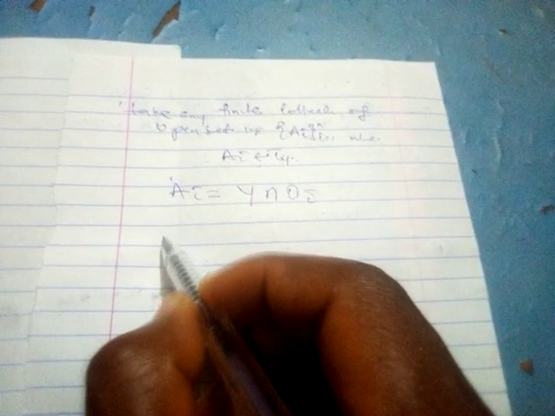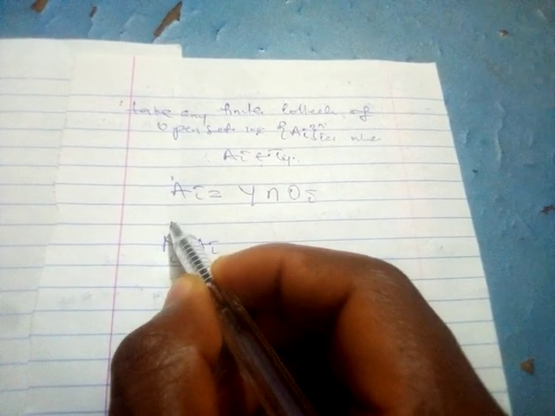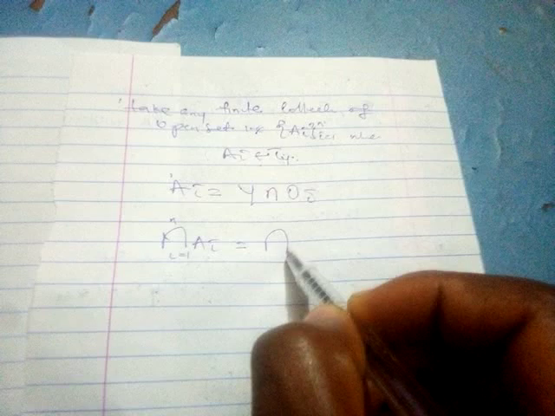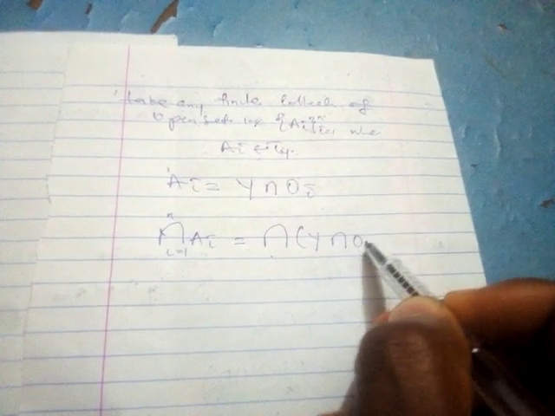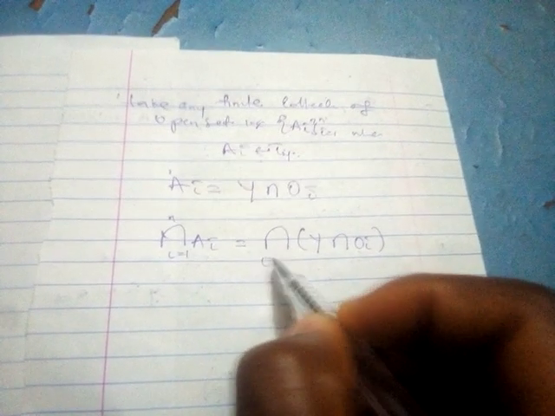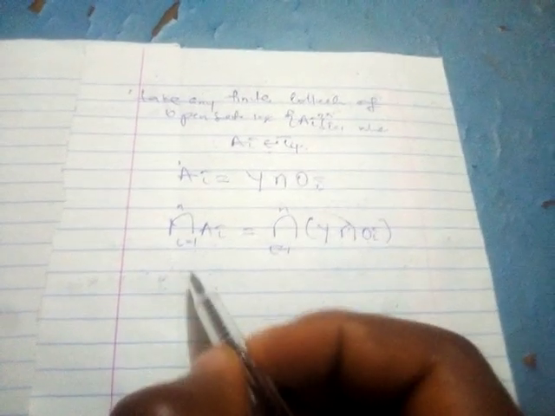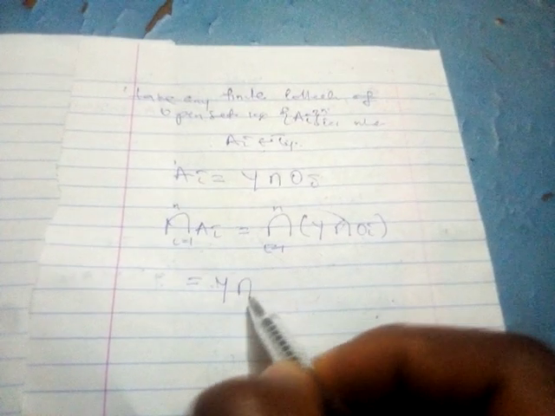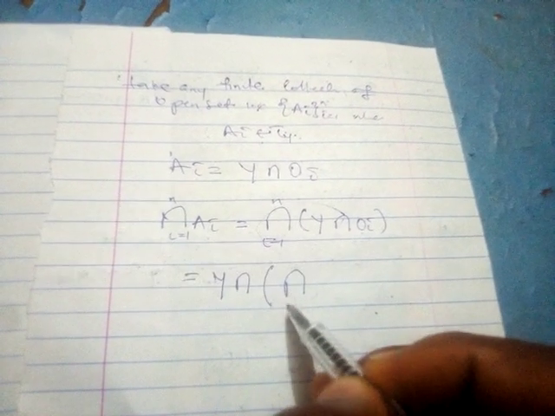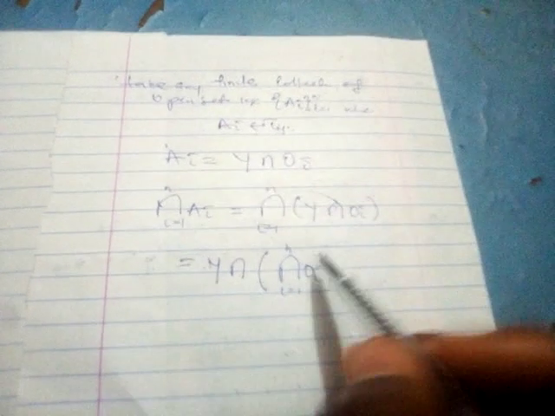The finite intersection of A i, where i ranges from 1 to n, is equal to the intersection of Y intersect O i, where i equal to 1 to n. Using the distributive law from set theory, this is the same thing as Y intersect the finite intersection of the O i.